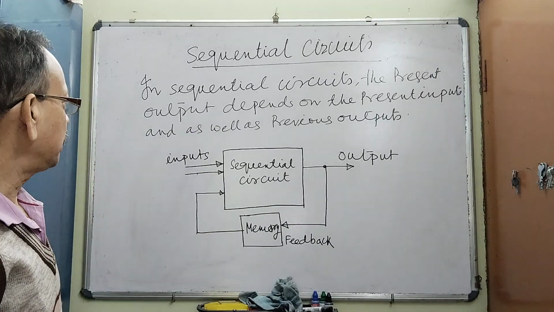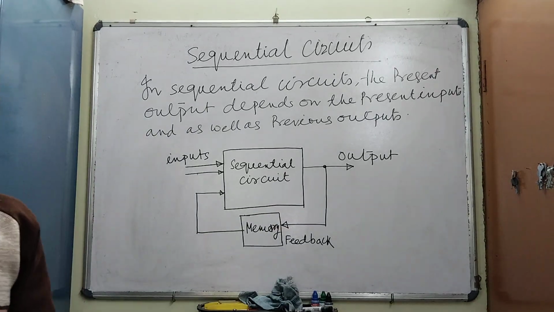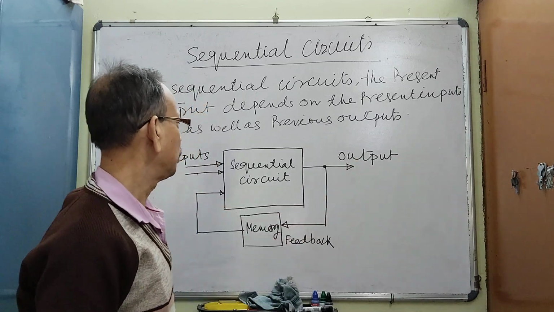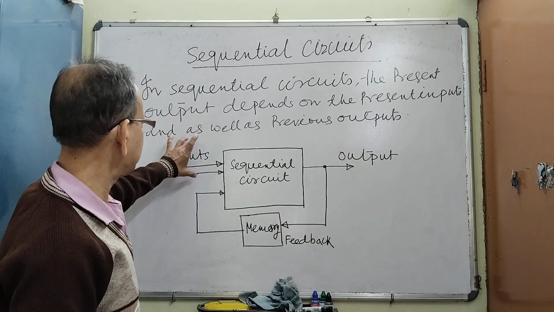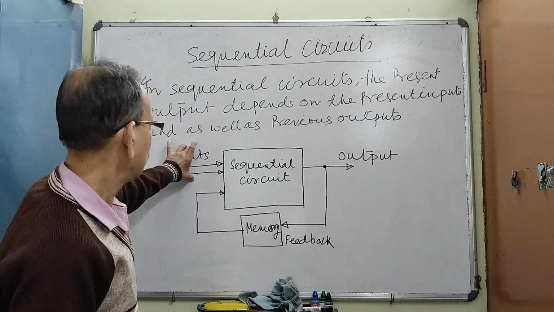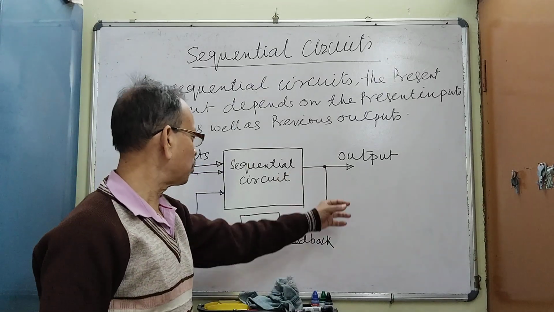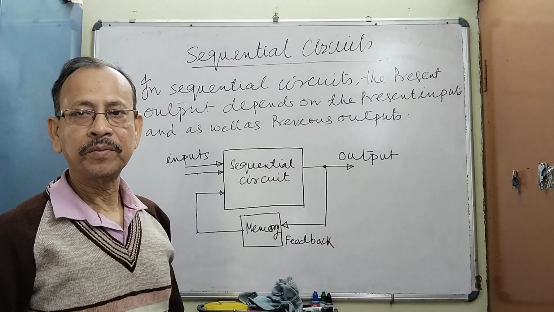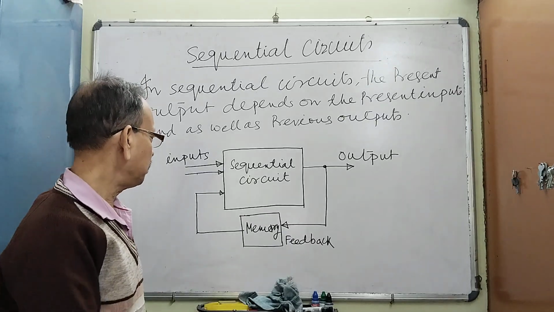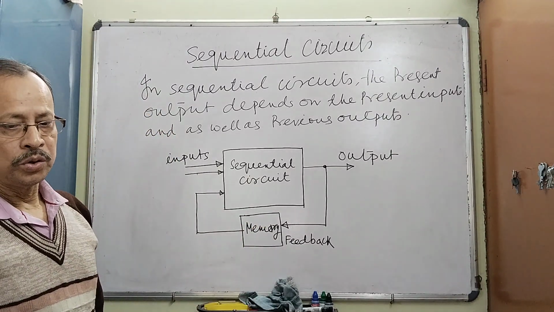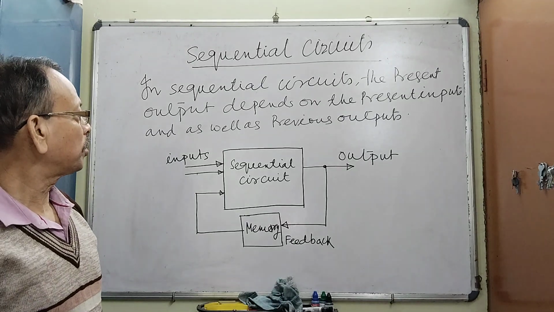Okay, so in a sequential circuit, this output depends not only on present inputs but also on the previous output. So there is a feedback, and it is mainly for the memory device.